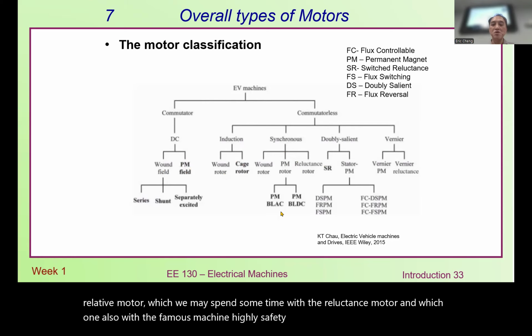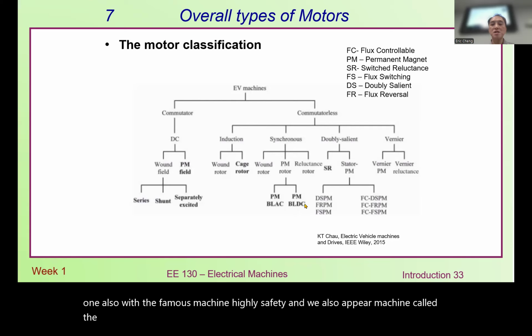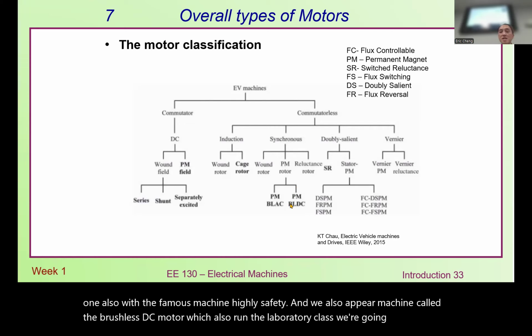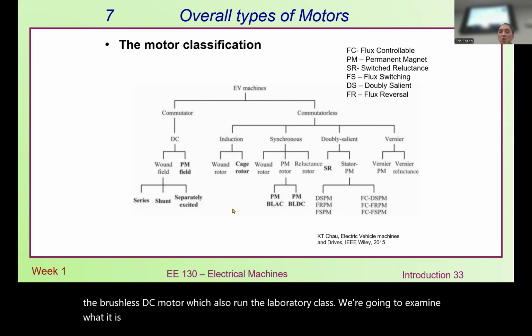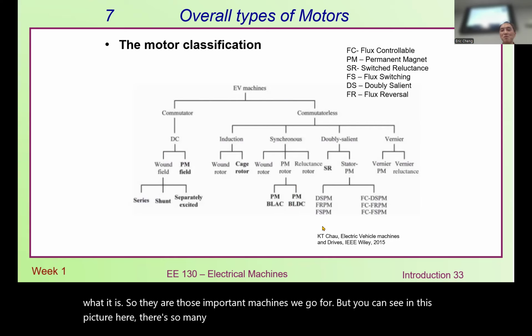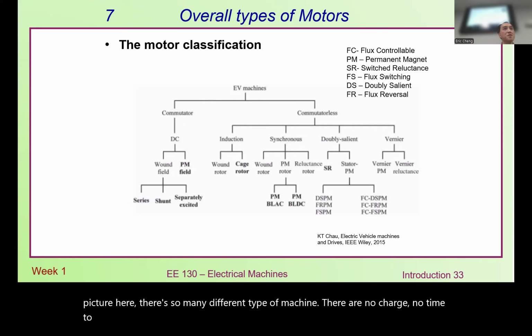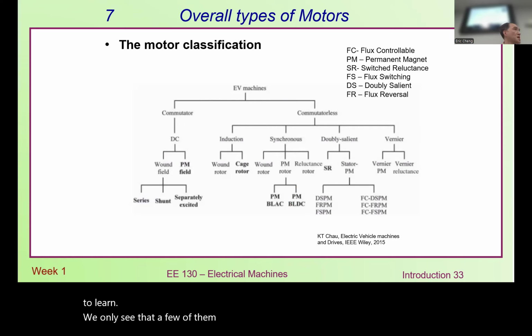We also have the PM machine called the brushless DC motor, which is one of the laboratory classes where we're going to examine what it is. So those are the important machines we go for. But you can see in this picture there are so many different types of machines. We have no time to learn all of them. We only see a few of them, the important, famous machines we're going to spend more time on.